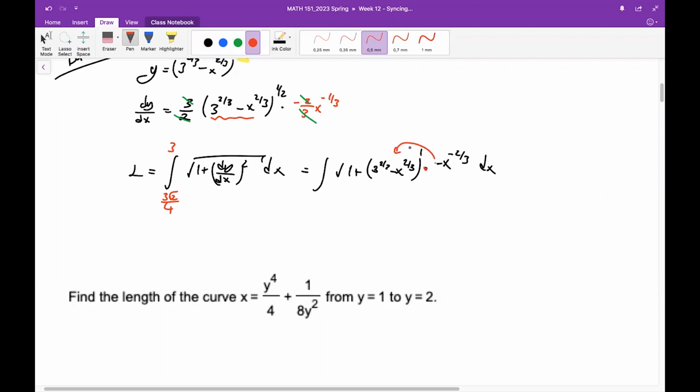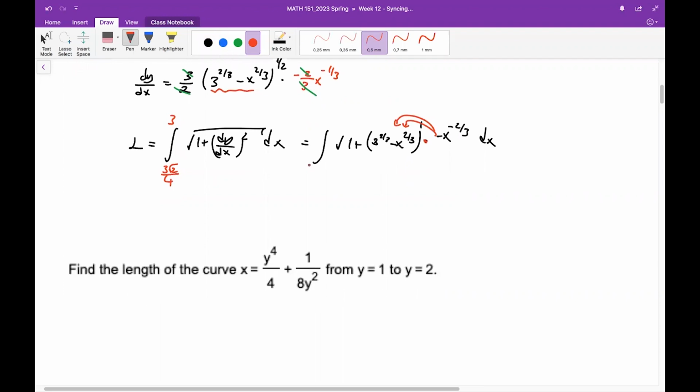Okay, now it is time to do this multiplication, okay? Let's do that. By the way, you keep writing the boundaries every step. And these are all happening inside the square root. You should also be careful about that. So what do we have inside the square root then? Just do this multiplication. 1 plus 3 to the power, this multiplied with this.